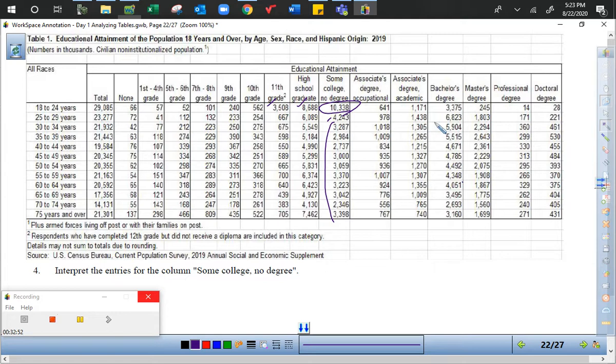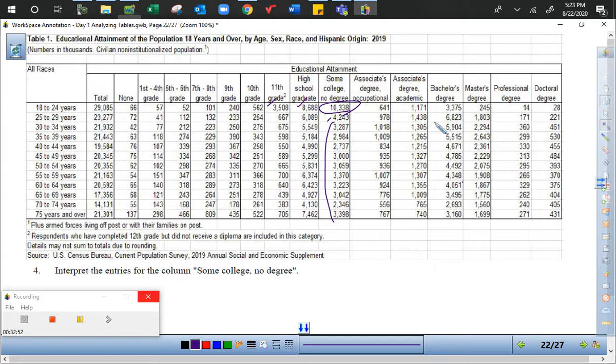Think about 18-year-olds, 19-year-olds, 20-year-olds, 21-year-olds, some 22-year-olds. If you're going to a 4-year program, at that time in your life, you do have some college, but you haven't gotten old enough to graduate.